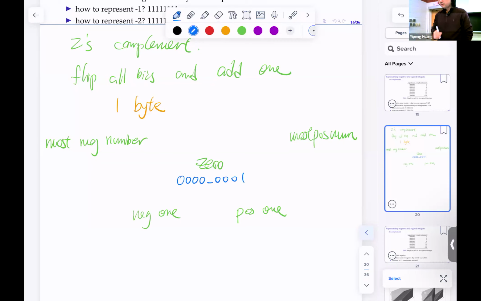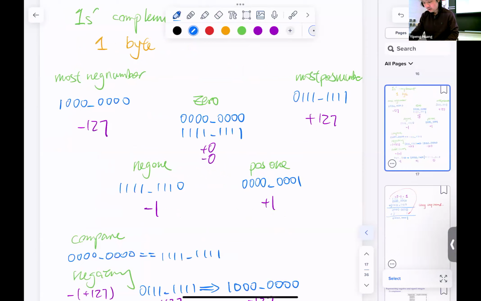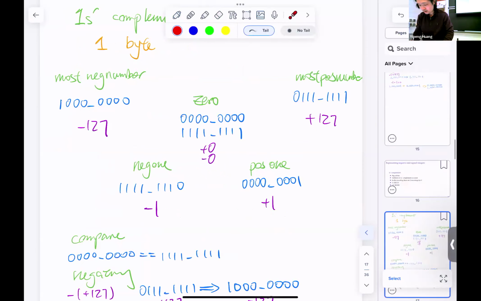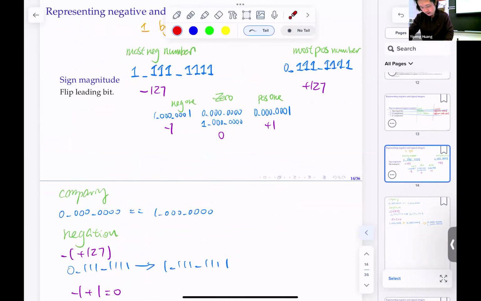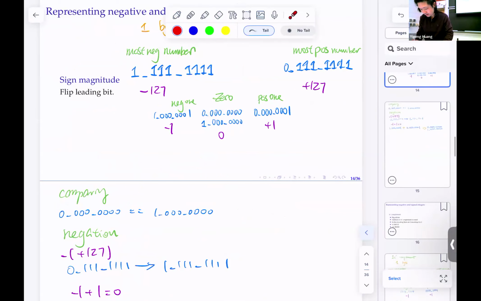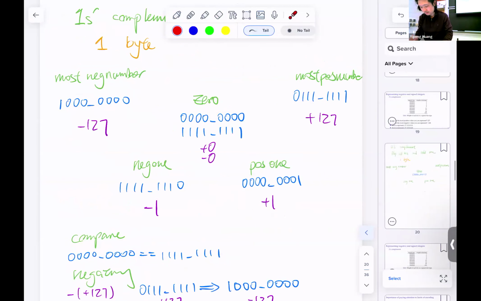Followed by all zeros. So we designed 0 to be this, right? We defined this to be 0. In every case study we've done so far, 0 has been written down in the normal way, no matter whether in the sign magnitude form, the 1's complement form, and also now the 2's complement form.